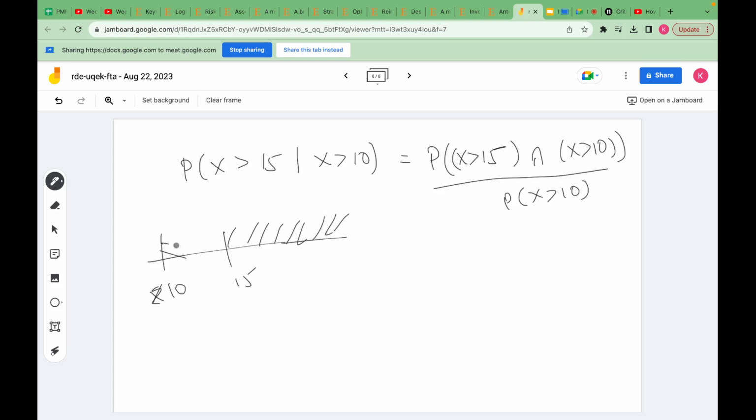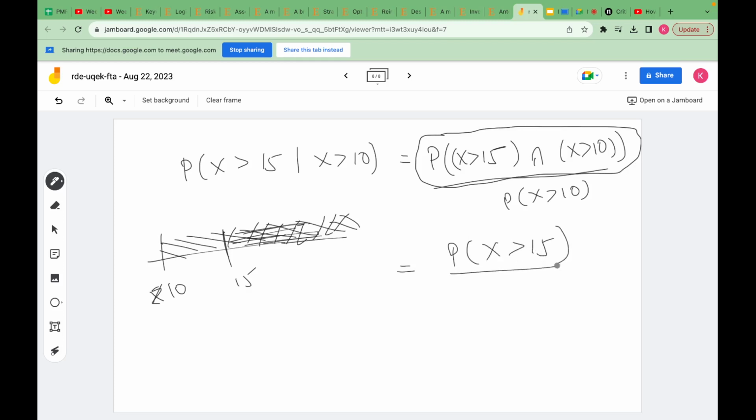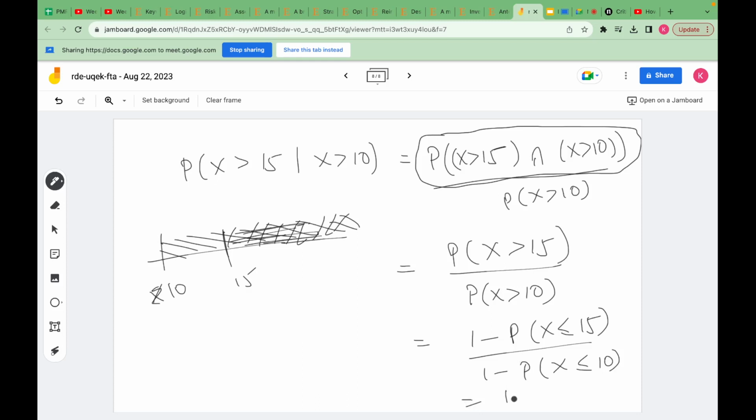The intersection of these two events, x greater than 15 and x greater than 10, is x greater than 15. So this converges to the probability x greater than 15, and the denominator will remain the same. So this is 1 minus the probability x is less than or equal to 15, over 1 minus the probability x is less than or equal to 10. When we use the formula and solve it, it comes out to be 1 by 2.